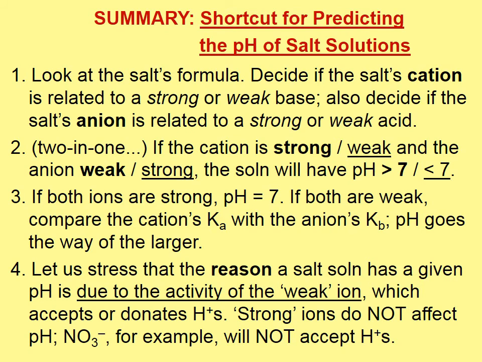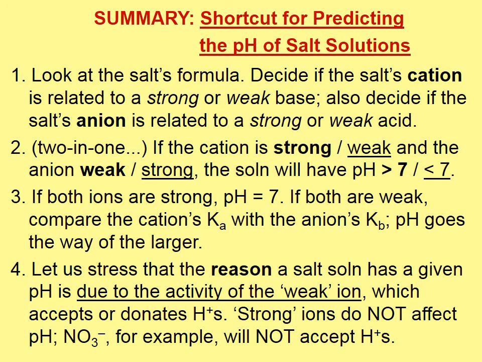3. If both ions are strong, pH equals 7. If both are weak, compare the cation's Ka with the anion's Kb. pH goes the way of the larger. 4. Let us stress that the reason a salt solution has a given pH is due to the activity of the weak ion, which accepts or donates protons.